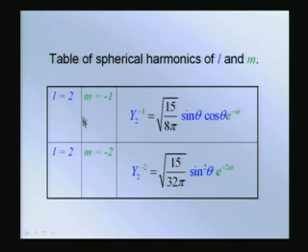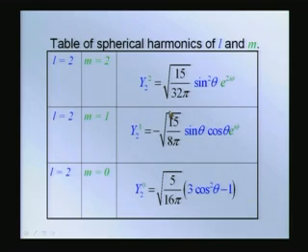For L equal to 2 and m equal to minus 1, the spherical harmonic is Y2 minus 1, root 15 by 8 pi. Go back and look at Y21, root 15 by 8 pi, but with a minus sign. M equal to 1 has sin theta cos theta e to the i phi.